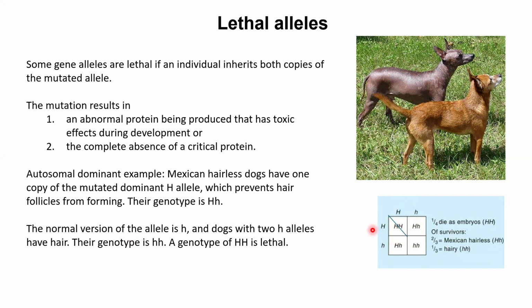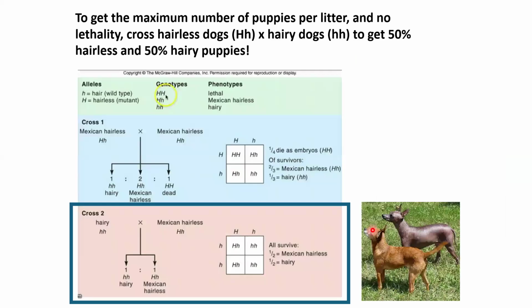So to prevent lethality in these cases, they cross the hairless dogs with hairy dogs, to get a 50-50 chance of getting a set of dogs that can survive.